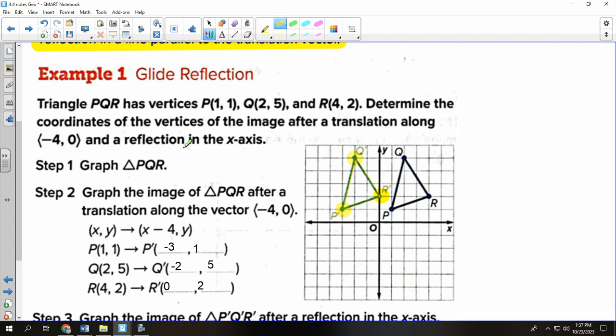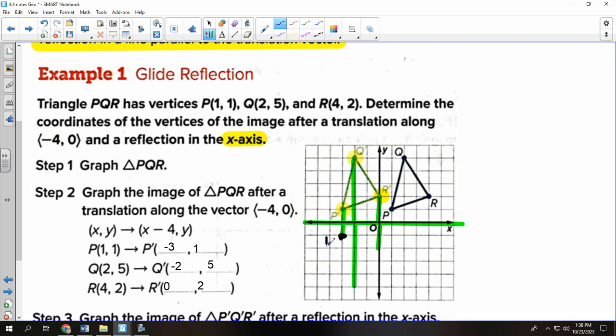So now we have to reflect it across the x-axis. Our x-axis is right here. We're going to take each of these coordinates and repeat their distance away from the reflection line. So this one is 1, 2, 3, 4, 5, so it's going to go 1, 2, 3, 4, 5.